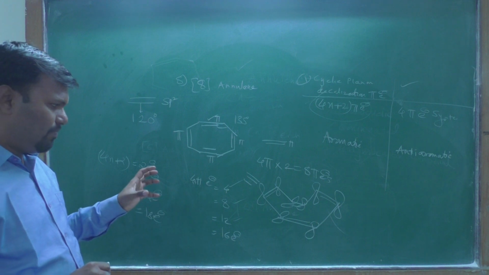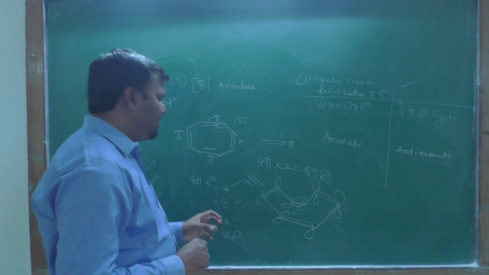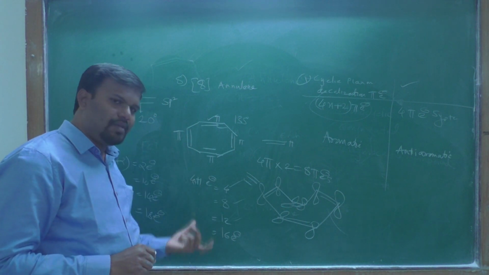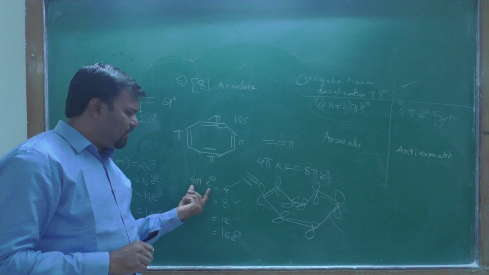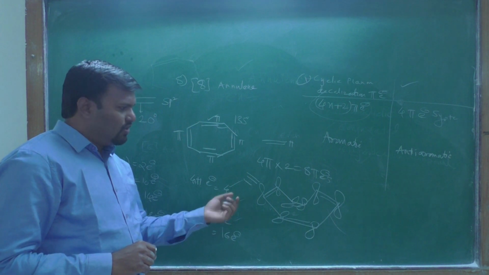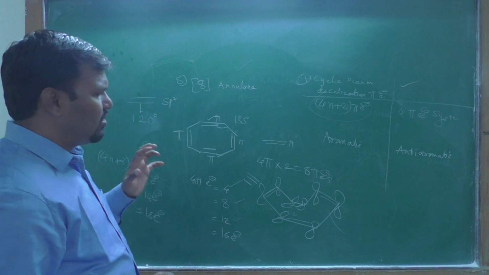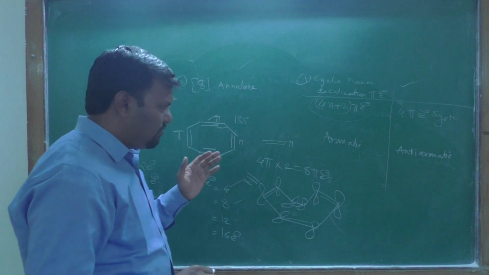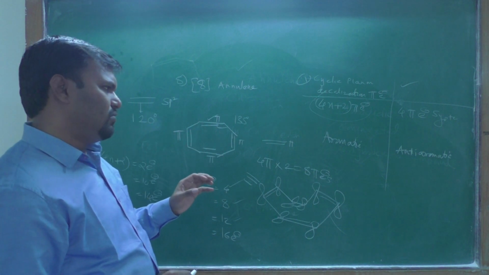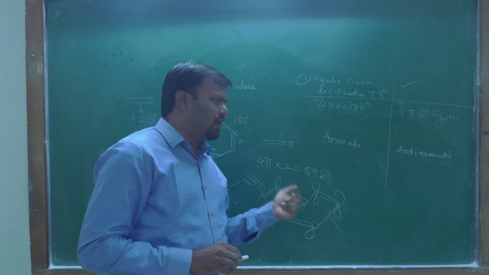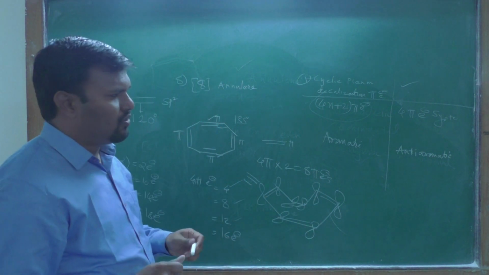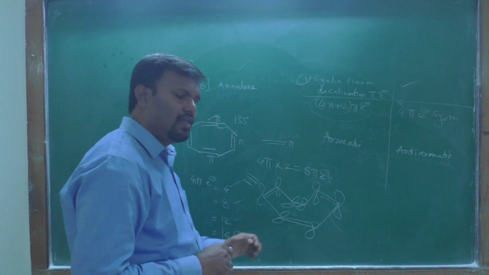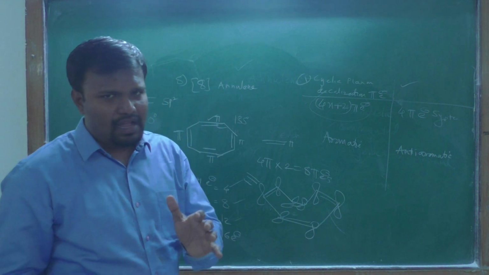Therefore, though it has an 8 pi electron system, which comes under anti-aromatic systems, it is not considered an anti-aromatic compound because there is a lack of planarity. We have seen the conditions for anti-aromatic and aromatic compounds. The first common condition is that the compound should be cyclic and planar, with delocalization of pi electrons.